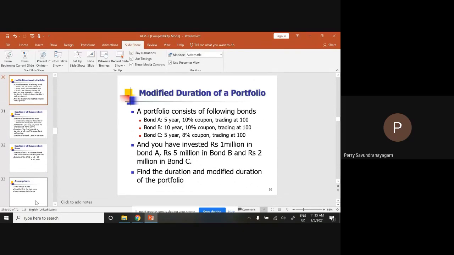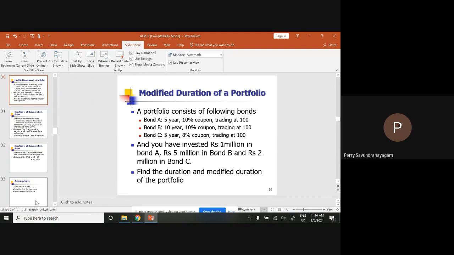A bond portfolio consists of the following bonds: 5 years 10%, trading at 100; 10-year 10%, trading at 100; and 5-year 8%. So what have you done? You invested 1 million in bond A, 5 million in bond B, and 2 million in bond C.